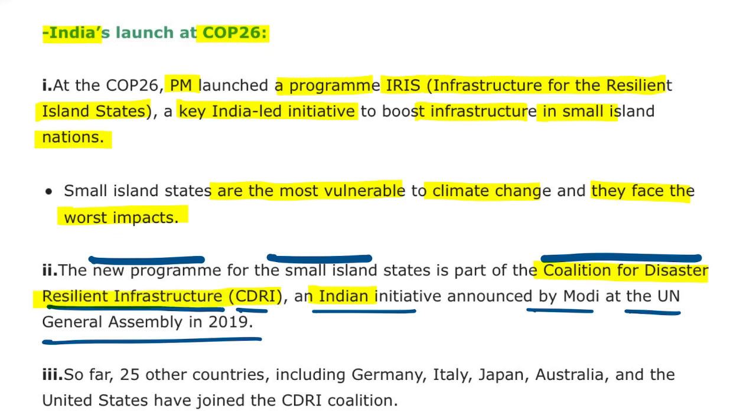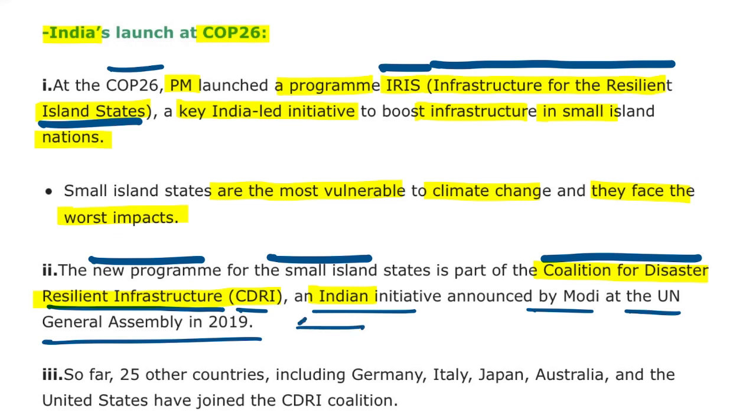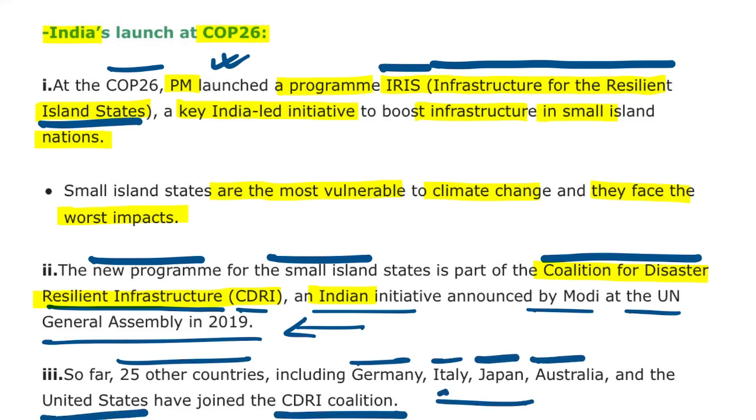Also, another initiative of India was IRIS, that is Infrastructure for the Resilient Island States. This was launched during COP26, and CDRI was launched during UNGA in 2019. So the latest one is this IRIS. Mark this. So far, 25 countries including Germany, Italy, Japan, Australia and the United States have joined the CDRI coalition.